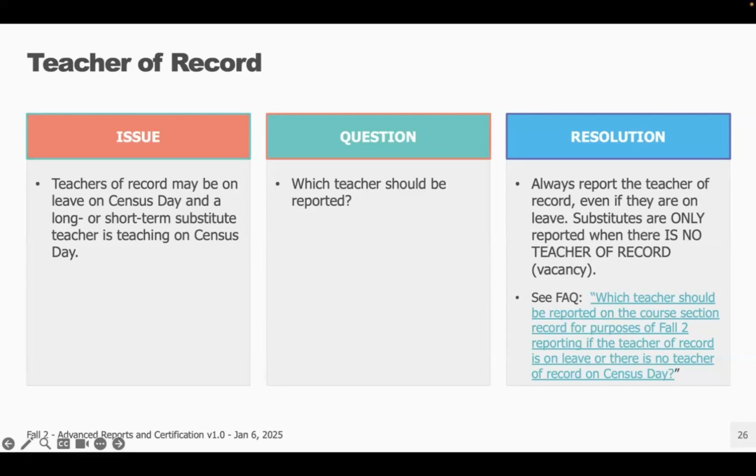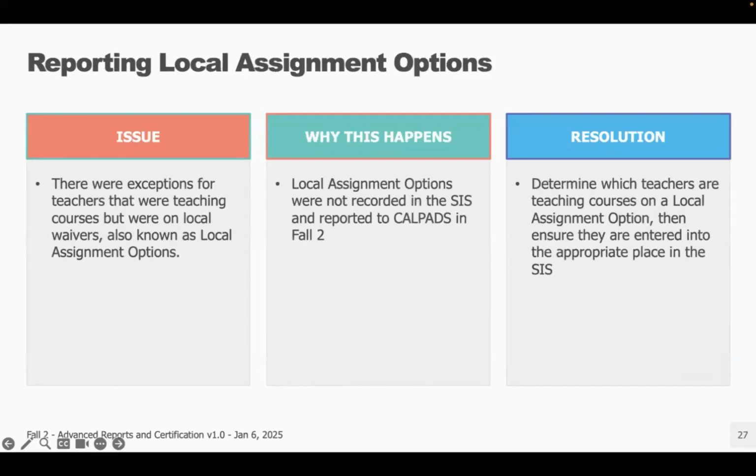And there is an FAQ again on this slide that provides a little bit more information on that, but you're always reporting teachers of records who are on leave on census day. So exceptions also trigger for teachers that are teaching courses but are on local waivers, also known as local assignment options.